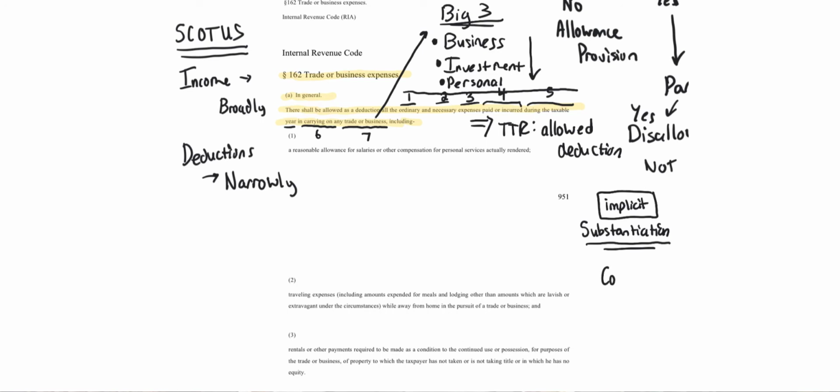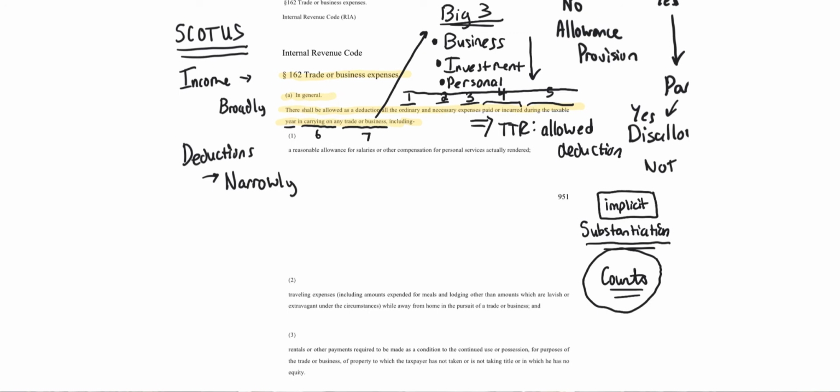However, the courts over the years have added that in there. Now, when you look at other code sections, we're going to take a look at section 274, substantiation comes into play there at times, but the courts have said there's also an additional requirement that Congress didn't lay out, and that's substantiation. We're going to interpret that because they just thought that was an underlying implicit item.